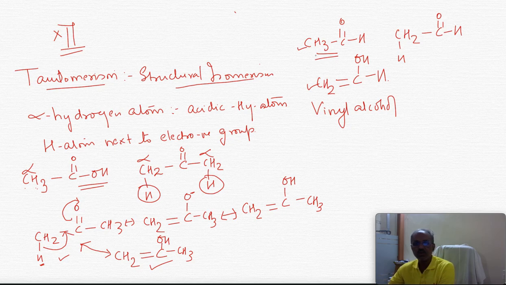So the shifting of the acidic hydrogen atom forms two isomers, and these are interconvertible. What do you mean by interconvertible?